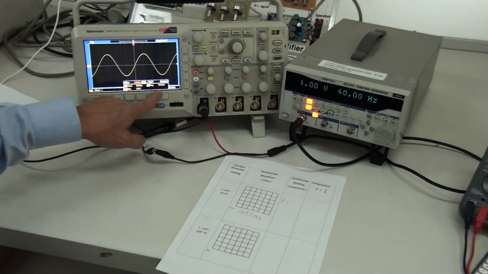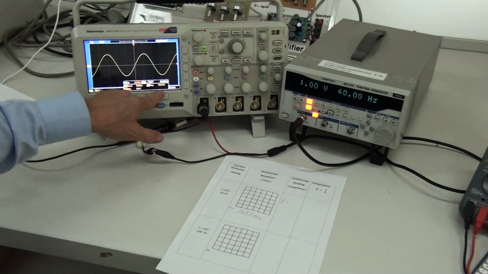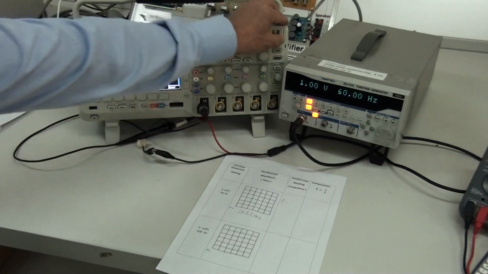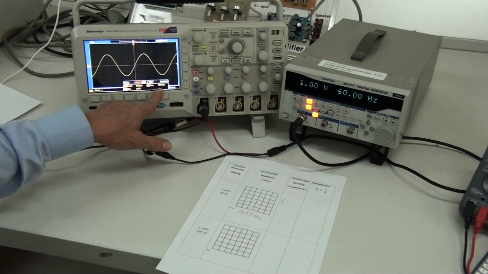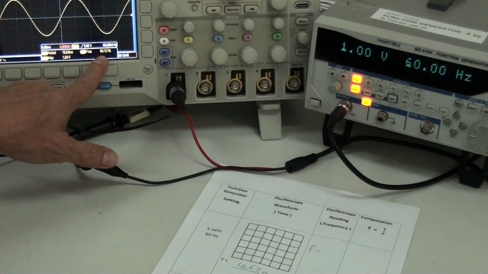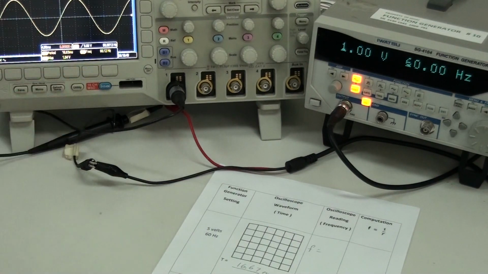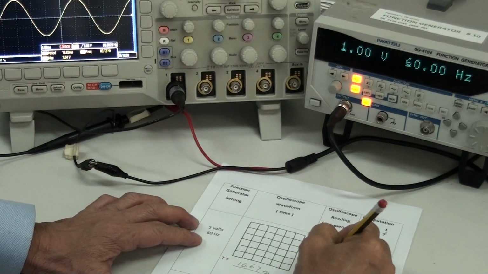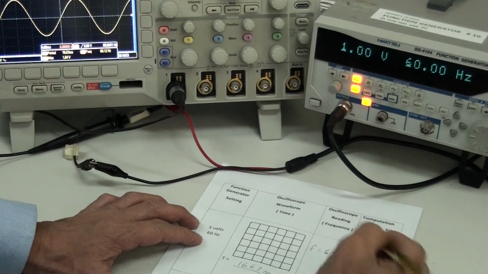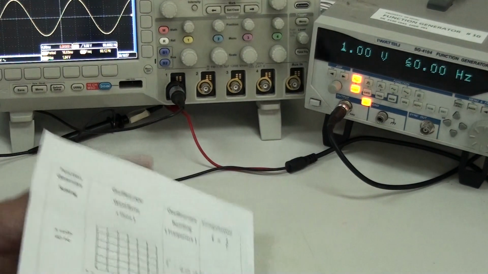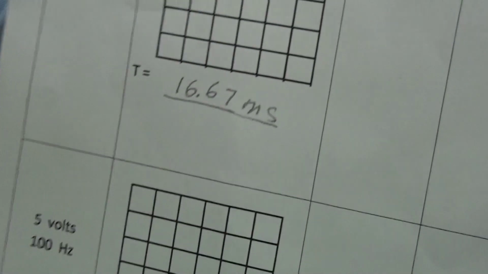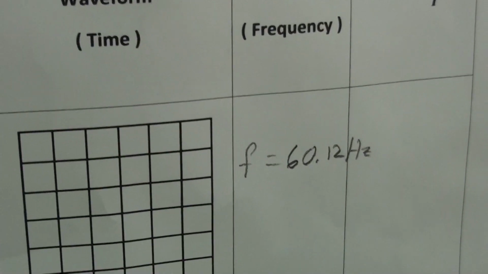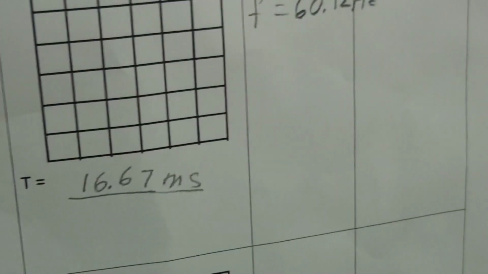As you can see here, this frequency is 60.12 hertz. So this is the result. The time is 16.67 millisecond, and the frequency is 60.12 hertz.